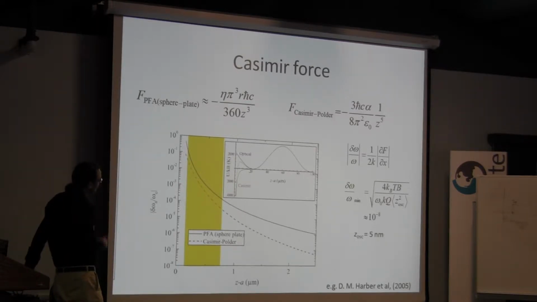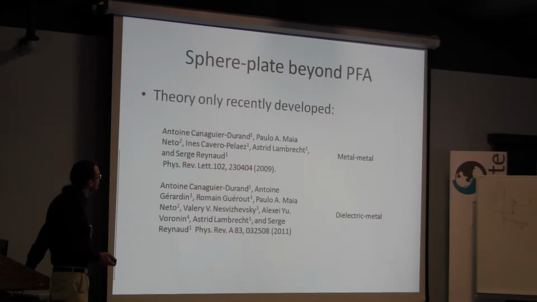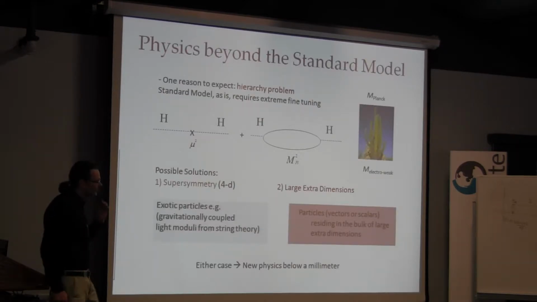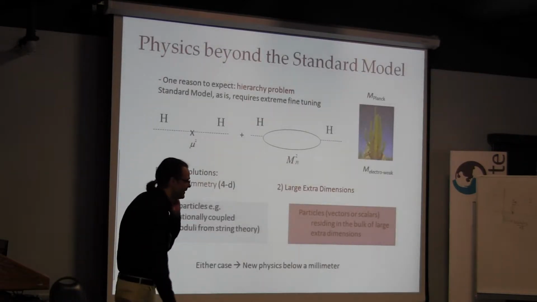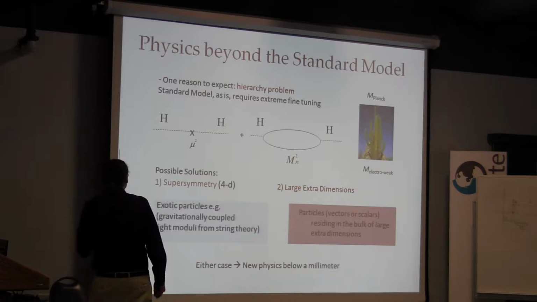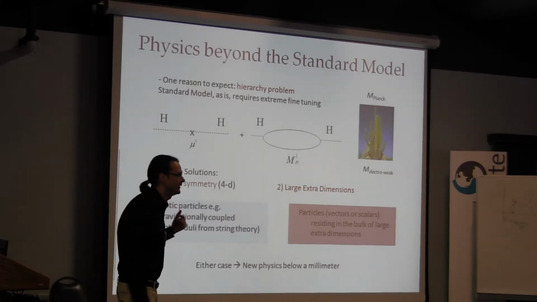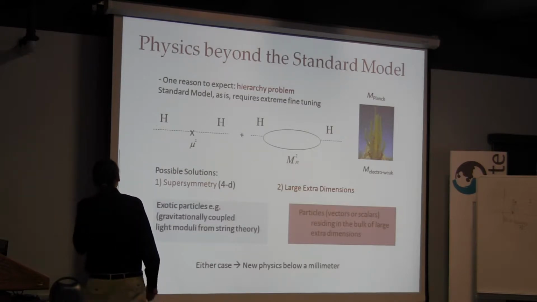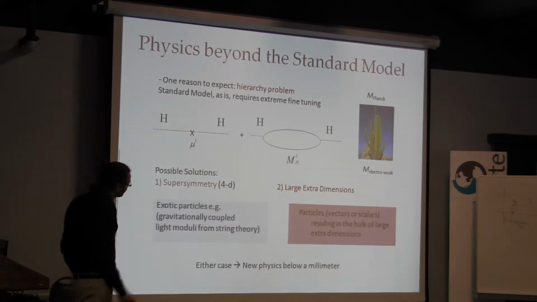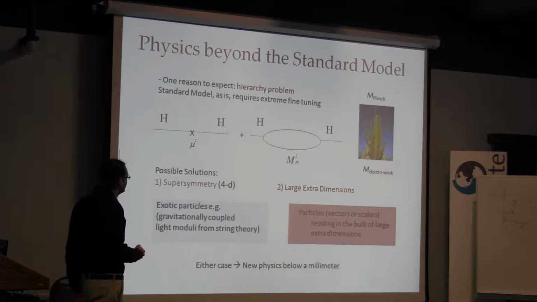So in addition to the Casimir force, we'd like to also think about measuring tests for Newtonian gravity. In particular, what we're really looking for there is physics beyond the standard model of particle physics. Although the LHC has yet to discover anything beyond the Higgs, I think there's still really good theoretical motivation that suggests there's going to be something in addition to just the standard model.